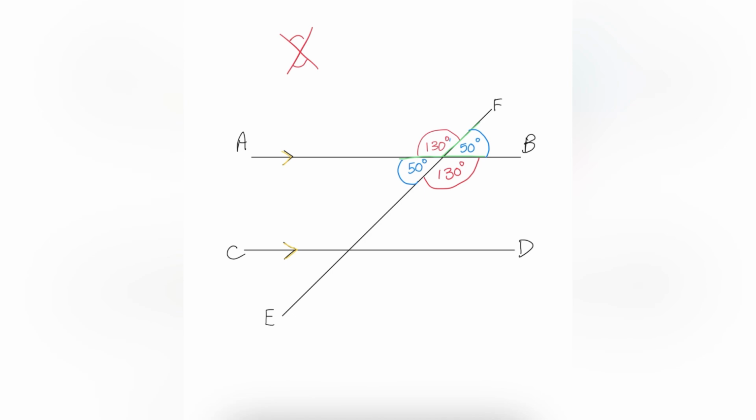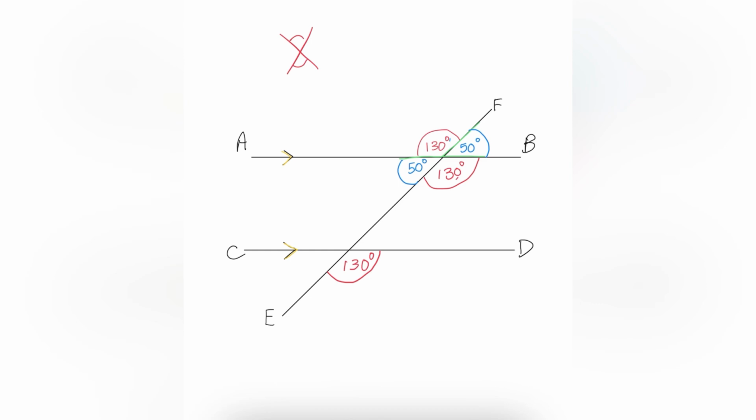Now, there are other rules about the angles formed between a pair of parallel lines and the transversal. We have what we call corresponding angles, so angles that are in the same position, meaning that you see how this angle here of 130 is below the parallel line to the right of the transversal. It means that this angle down here, which is also below the parallel line and to the right of the transversal EF, would be 130 degrees.